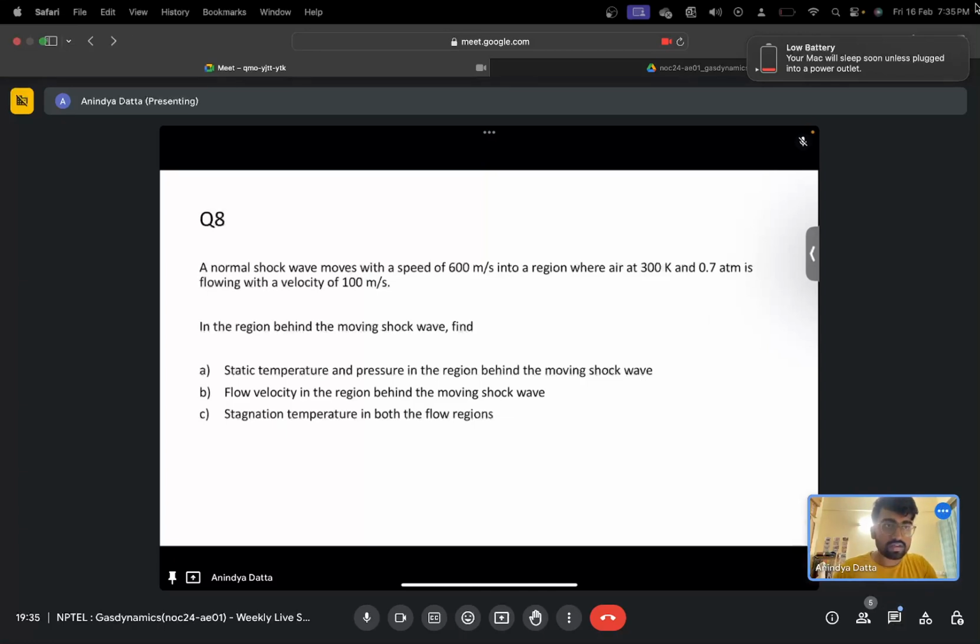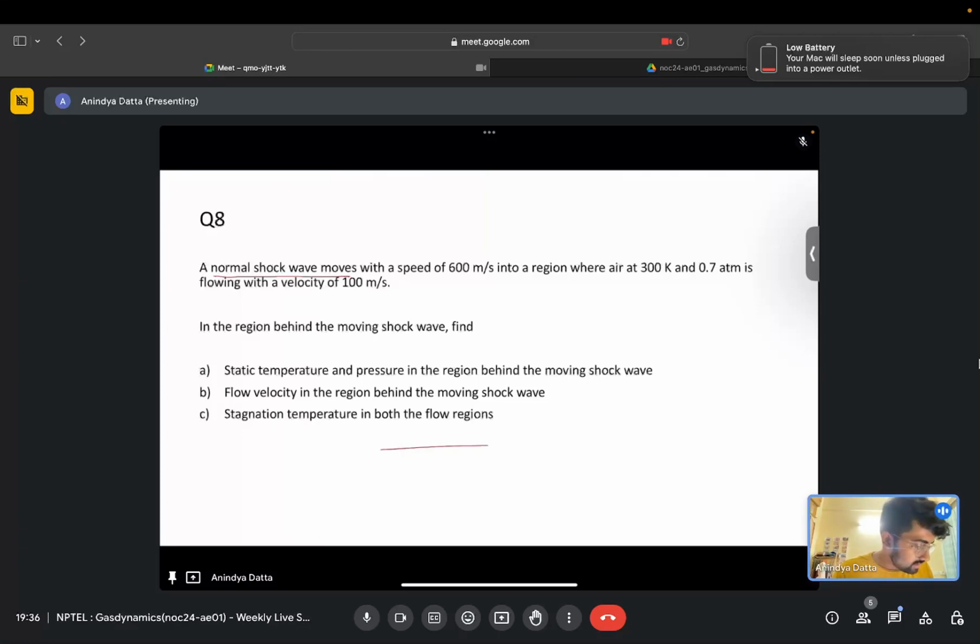Okay, so now question 8. We have done some problems on normal standing shocks. Now the next problem is on a moving normal shock. Let me draw a schematic of this.